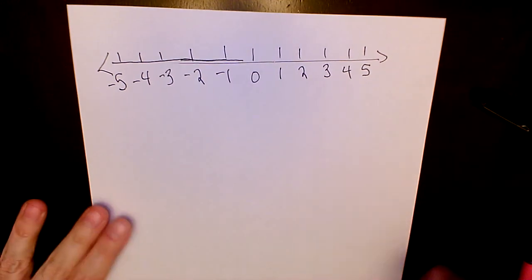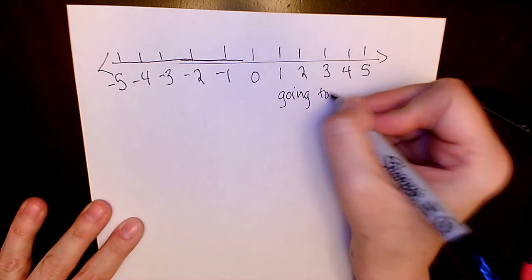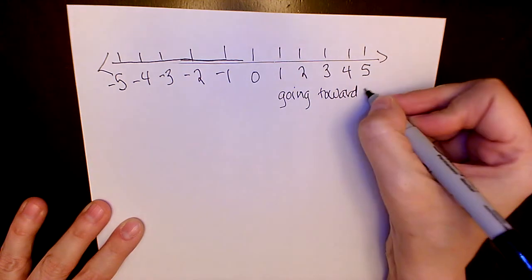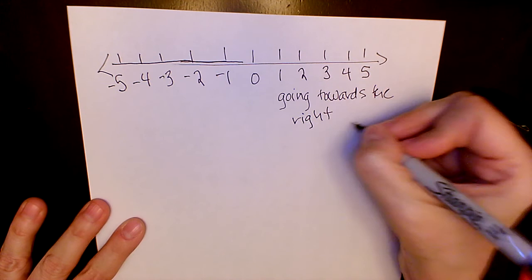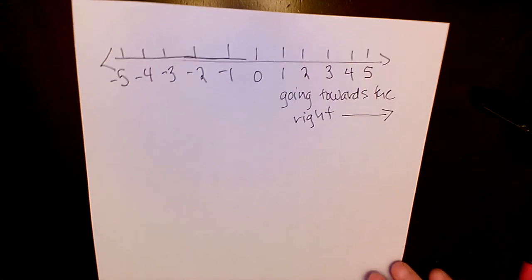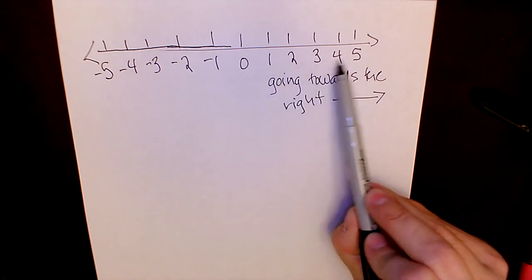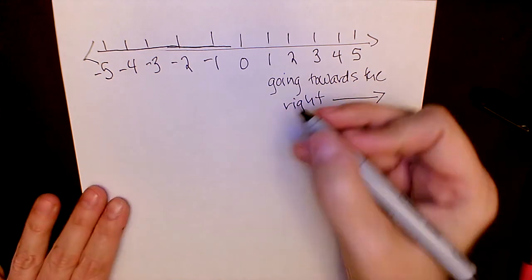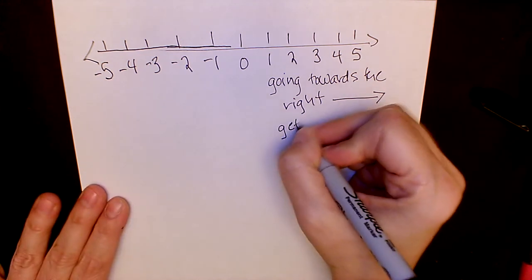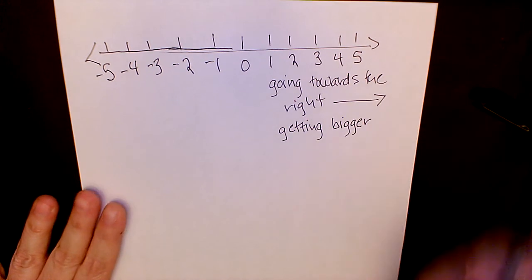Okay, so what's happening as I am going toward the right? Am I getting bigger? Are the numbers getting bigger, or am I getting smaller? So 1, 2, 3, 4, 5, and so on, 100, 1,000, 1,000,000. I'm getting bigger. So as I go to the right, my numbers are getting bigger.